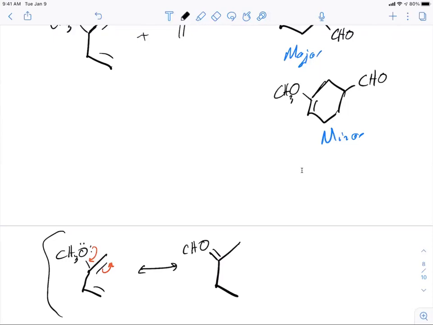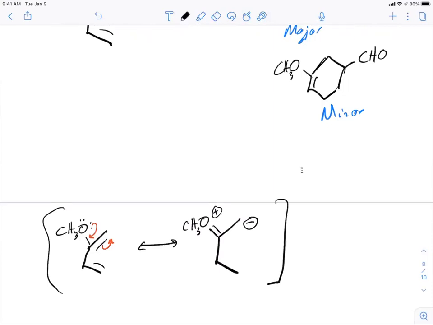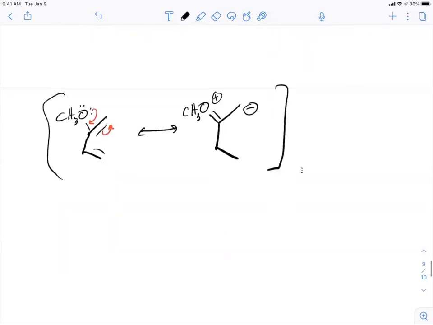That's going to give us this potential species, right? So we have our negative on that species. If we do the same thing with our dienophile, let me correct that. So we have this. Now we can do a similar thing here.